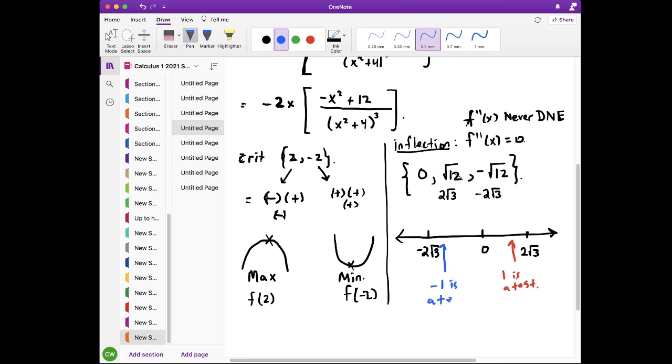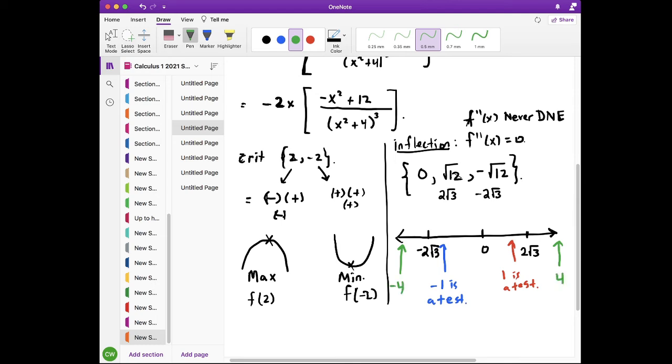And then what's a number that's guaranteed bigger? Sure, 4, and negative 4.